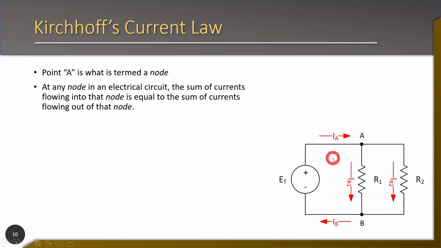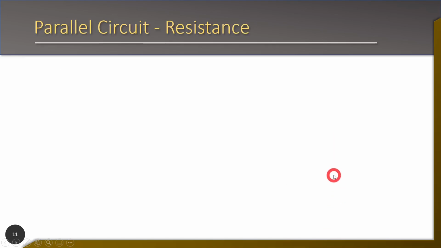So we're going to see how that applies. So the current I_A, which is the current flowing into node A, is going to equal the current that flows through R1 and through R2, because it's divided at this point. We can also say that the current flowing into node B, which would be this current coming through R1 and this current coming through R2, they meet at this point and they come out of node B right here. That's why I have I sub B.